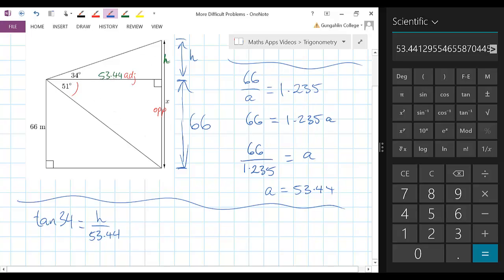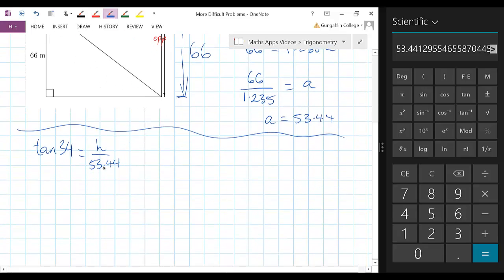Again, I've got an equation. I need to solve for h this time. I'm going to work out what tan 34 is. This number here, .675, is equal to h on 53.44.